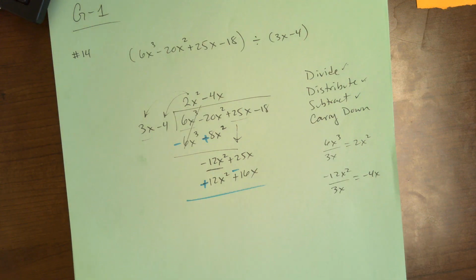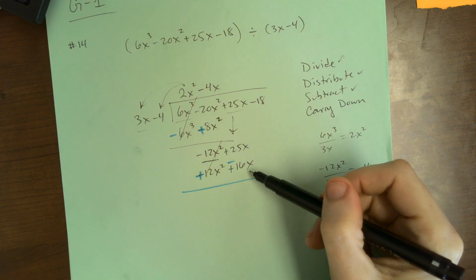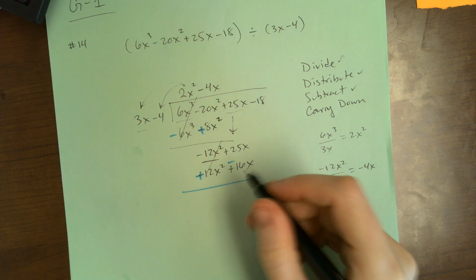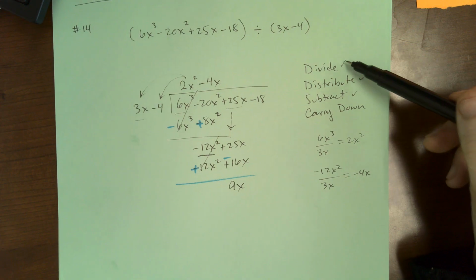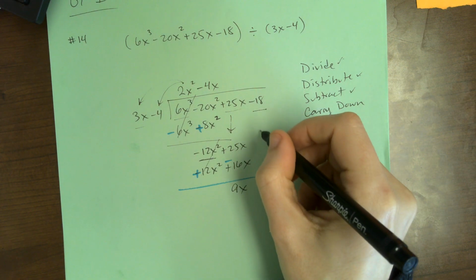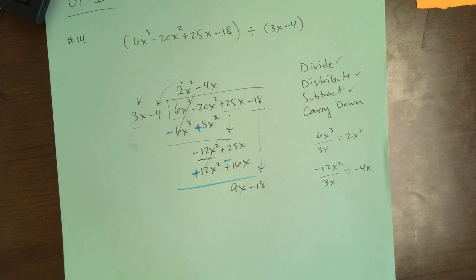Those are canceling. So 25x minus 16 is 9x. We did all three of these, and now we carry down this last one and do it again.